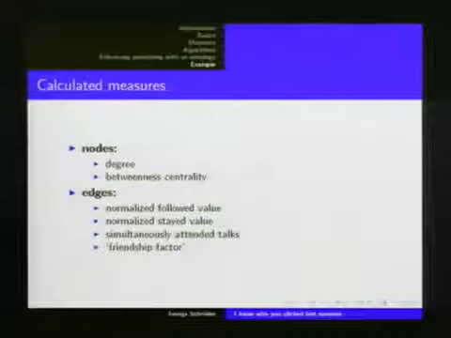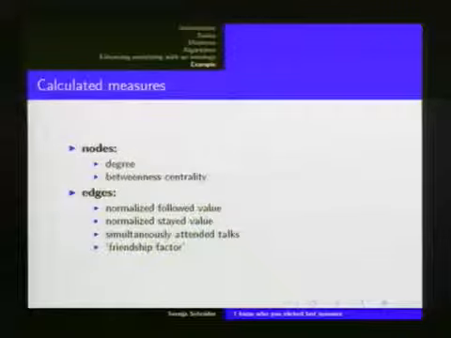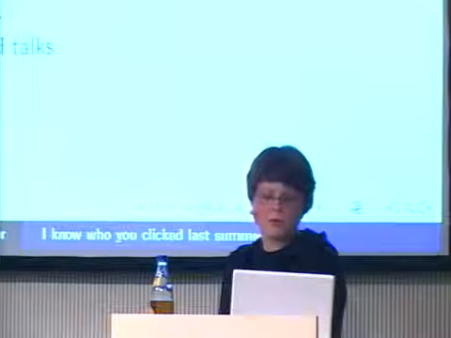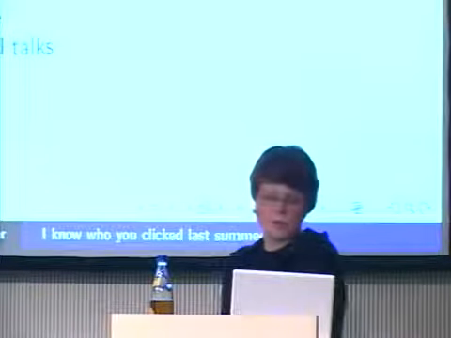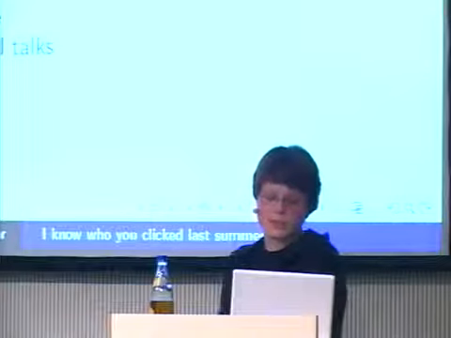The state value is the time 2 persons spent together in our model at this Congress. We normalized it, so the values are divided by the highest value a relation has. There are also simultaneously attended talks on the edges, and a friendship factor, which is not implemented yet.